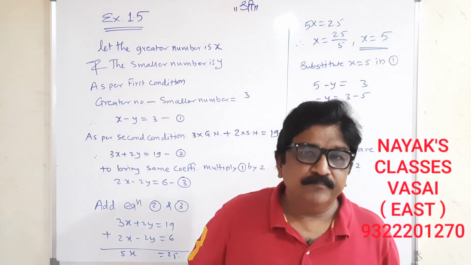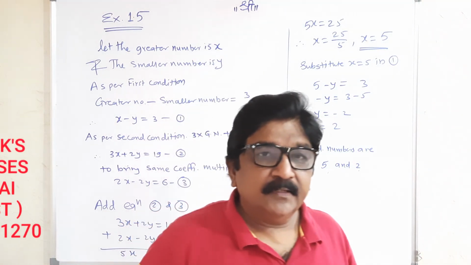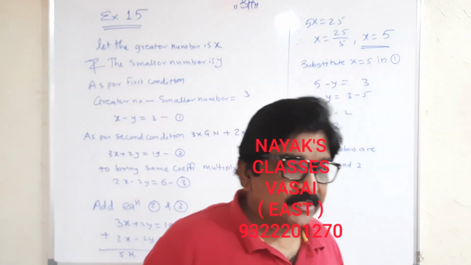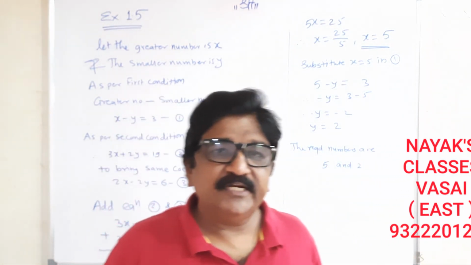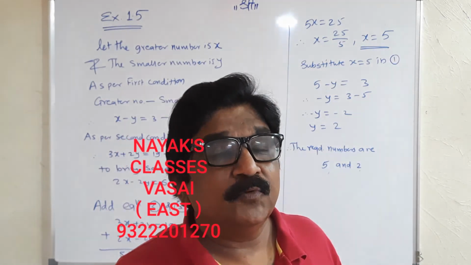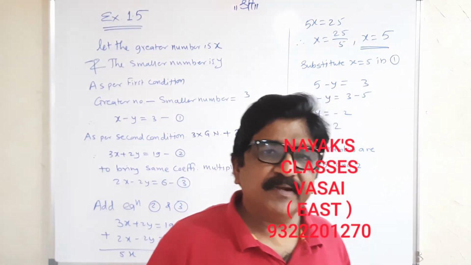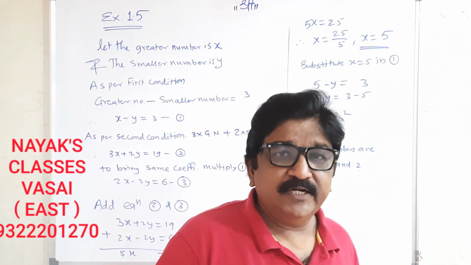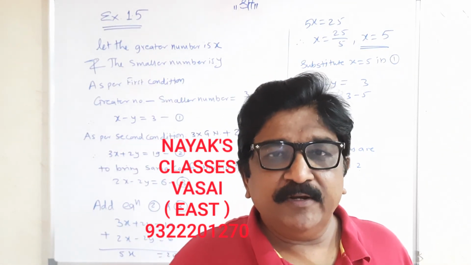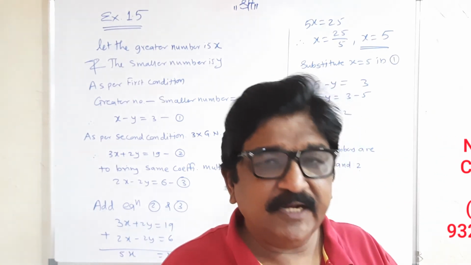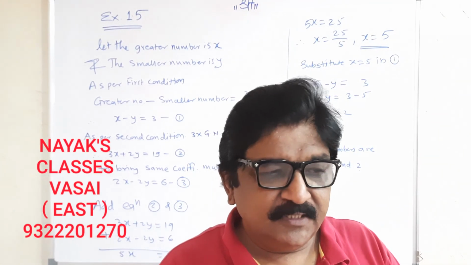Students, we have come to the topic called applications of simultaneous equations. You have studied this in 8th and 9th as word examples. Teacher might have told you. Word example means they put conditions. We have to take variables for those conditions and quantities.